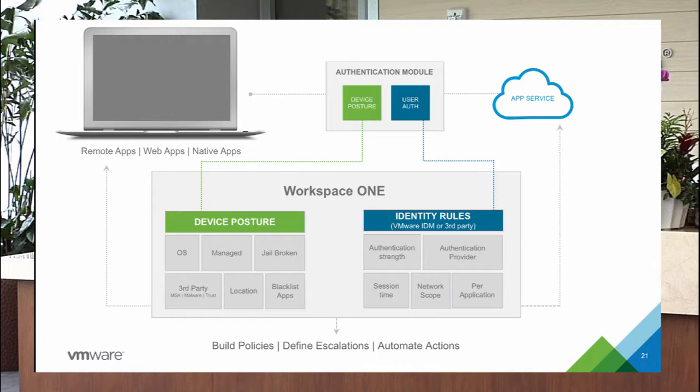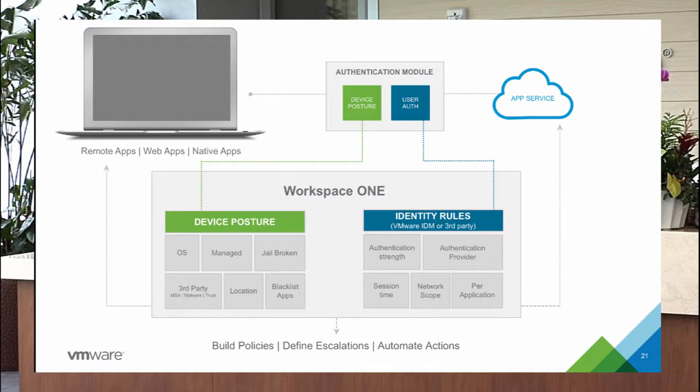And inside of WorkspaceONE, we're able to integrate with existing Active Directory or other forms of security modules to align with mobile SSO, and to be able to take WorkspaceONE to provide that application service through the authentication module, and to be able to deliver those remote apps, web apps, native apps, packaged apps, regardless of the device posture or the identity rules, whether they're leveraging our own identity manager or third-party authentication.